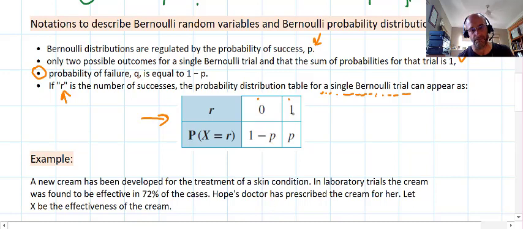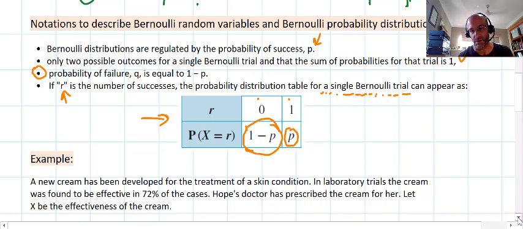That's it. If we have one success, the probability is P. If it's a fail, the probability is the complement, 1 take P.